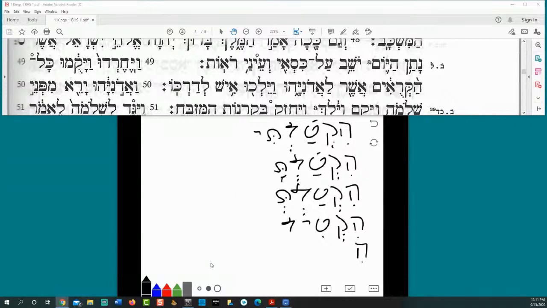Then slightly different. Kind of bunching it up here. Let me see if I can come down a little more. Hiktila. Notice it's not hiktila, it's hiktila.